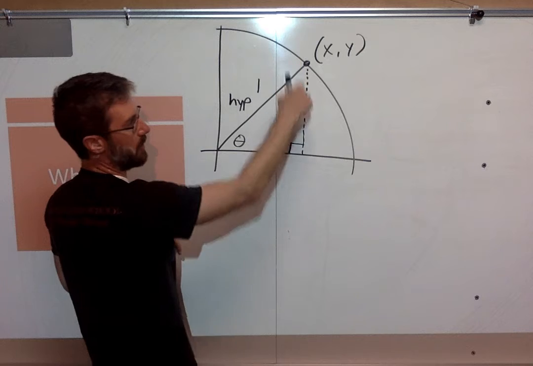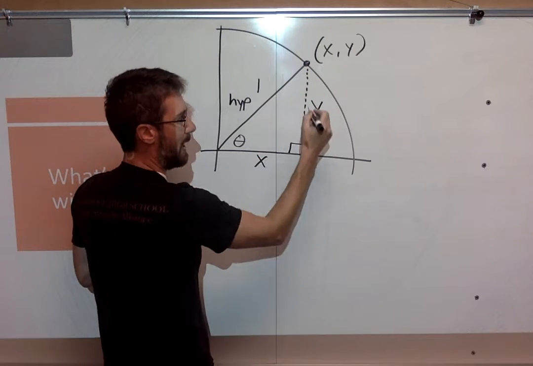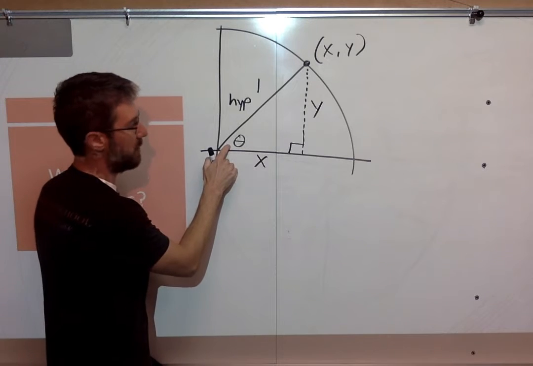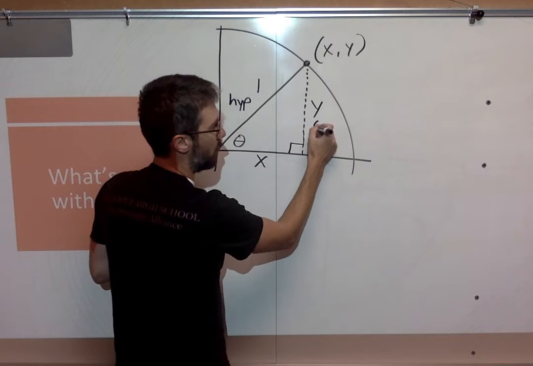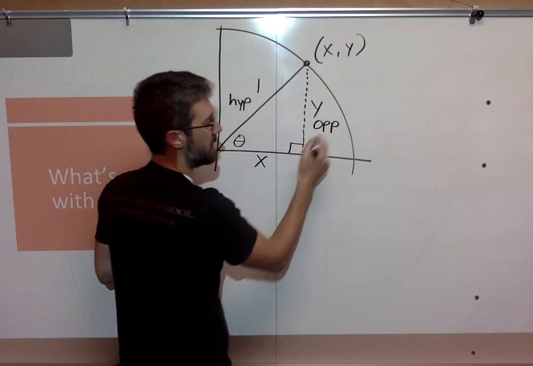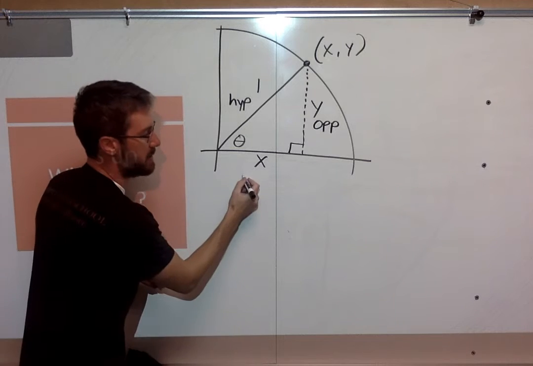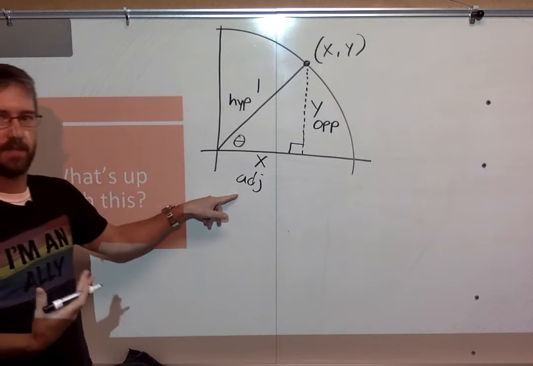The height of the triangle is the same as the vertical coordinate, which is y. And that means that from this angle, the opposite is the y-coordinate, and the adjacent side is the same as the x-coordinate.